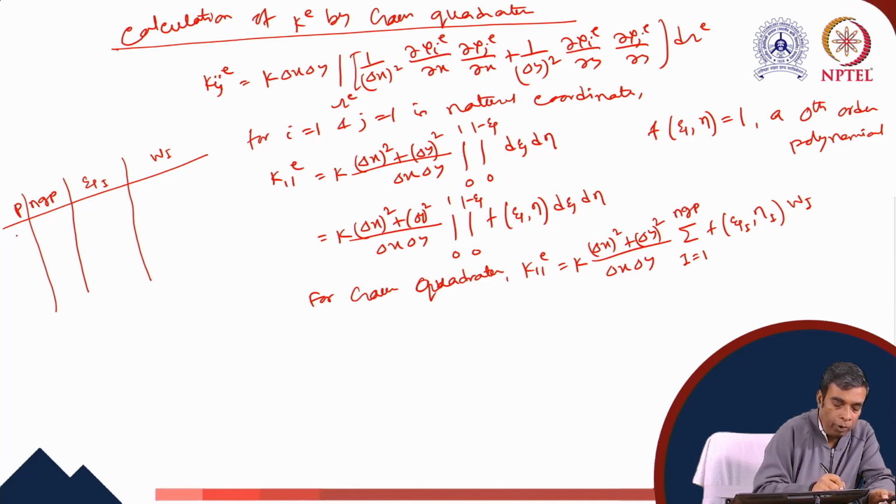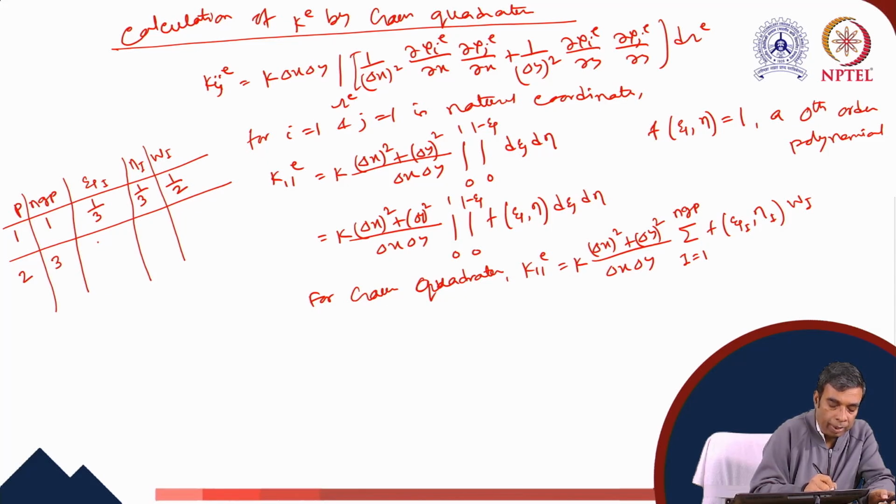For a polynomial of order 1 we have 1 point quadrature, number of Gauss point is 1. So here we have xi i equals 1/3, eta i equals 1/3 and wi is half. For a polynomial of order 2 we have 3 point quadrature.